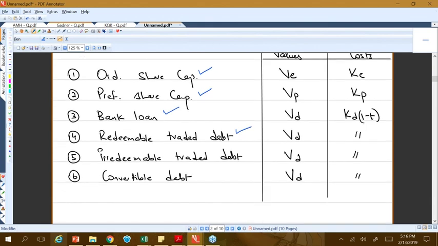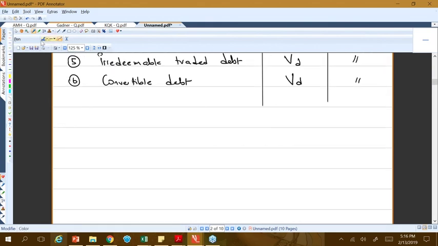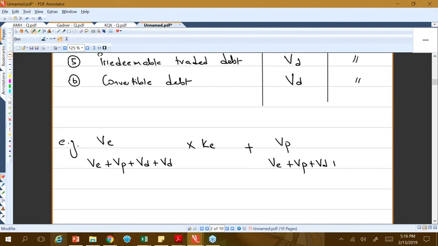And our WACC calculation now will look something like this. For example, we'll say value of equity, VE, over VE plus VP plus VD plus VD, the two types of debt, the bank loan and the redeemable bonds, into the KE, plus VP over VE plus VP plus VD plus VD into the KP. So these are the two portions in the WACC formula.